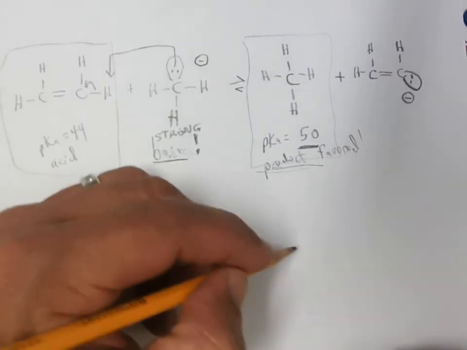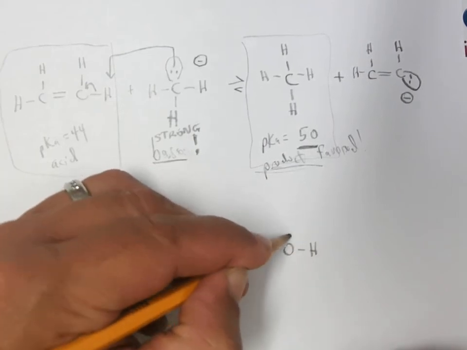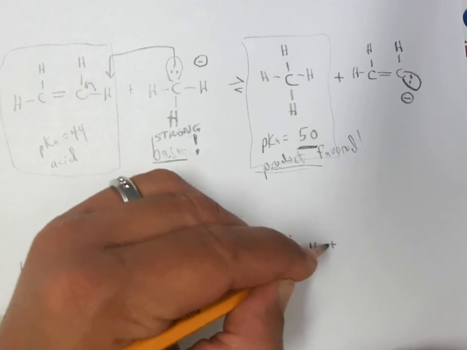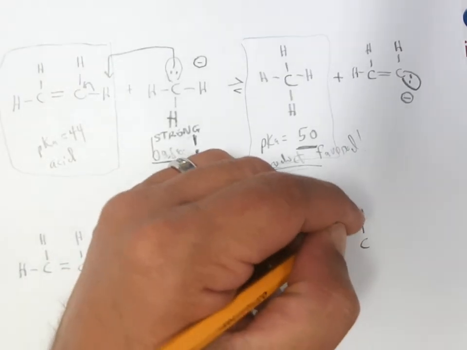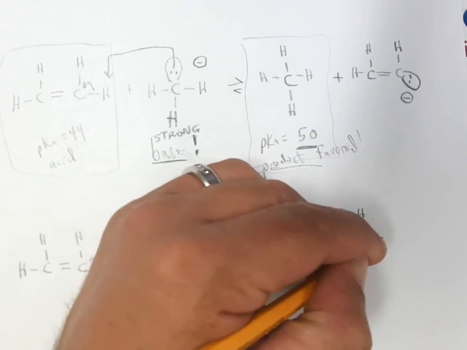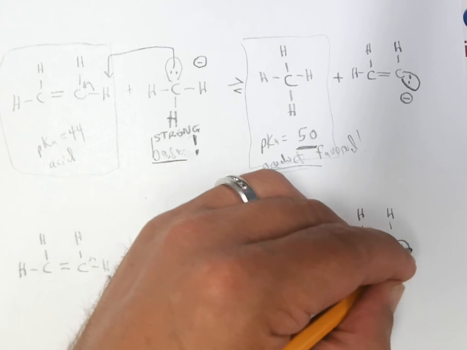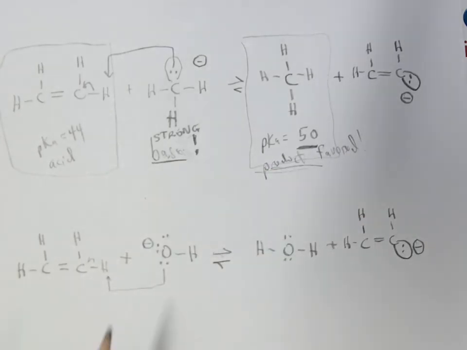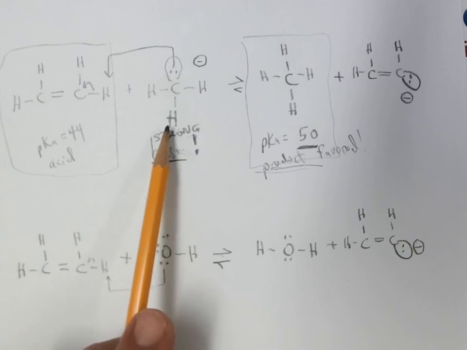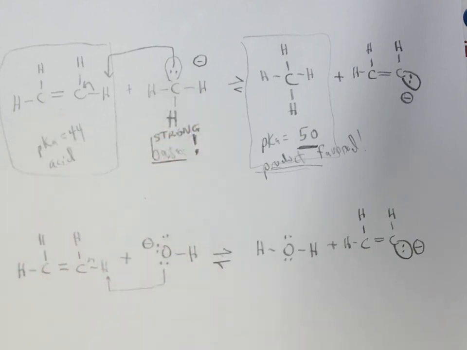And then if hydroxide grabs an H plus, it makes good old water, and it'll make this organic anion, right, which we would successfully make if we threw the methyl anion in with that potential acid.